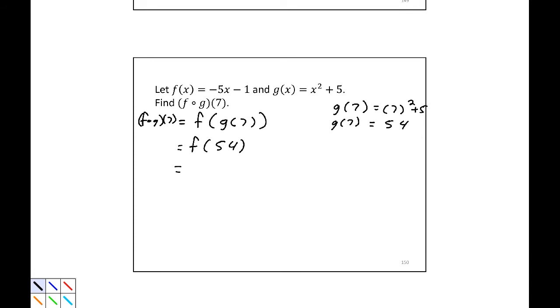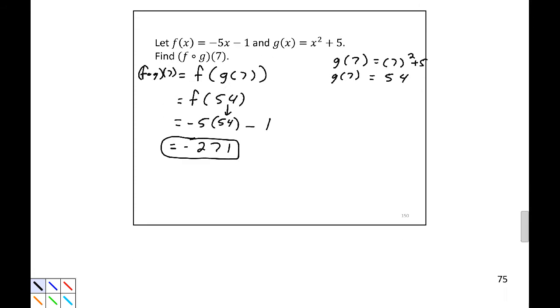We're going to take that output and plug it into f. So f is negative 5x minus 1. So put 54 in there. Negative 5 times 54. Negative 270 minus 1 is negative 271. And that's the answer we're after.